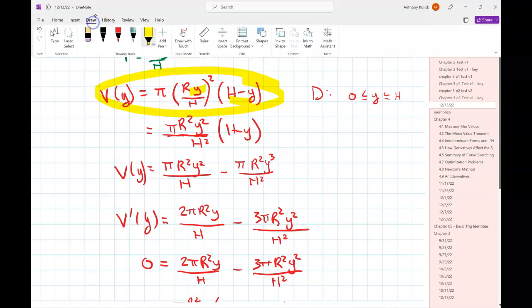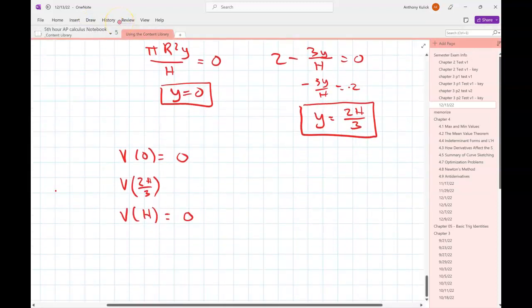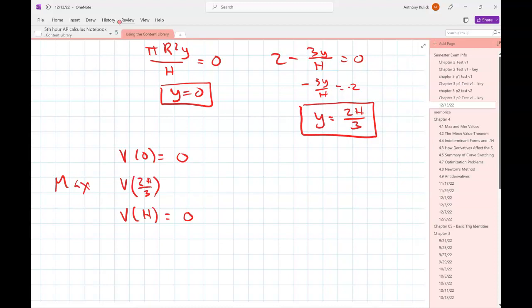So clearly, this guy is going to be our maximum because I have no other choice. Everybody agree with that? So one point of the problem might have been: what values of y do I need to check to find my maximum? It would just be 0, 2h over 3, and h.